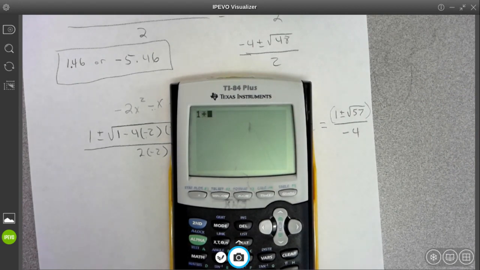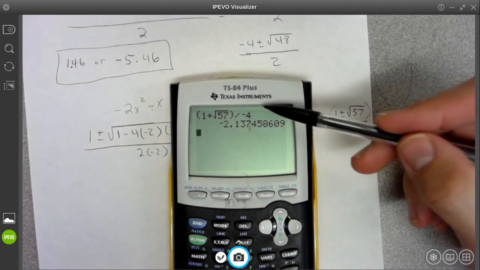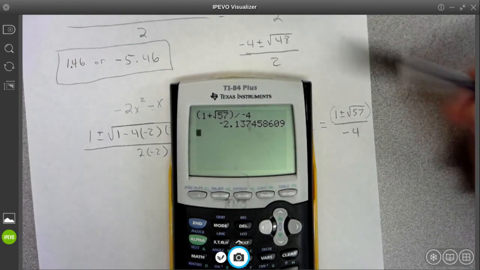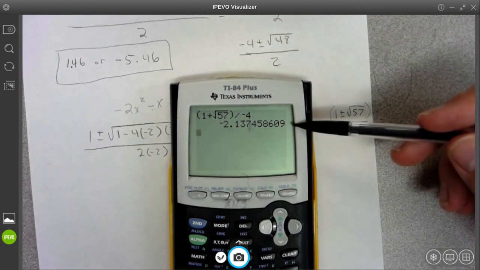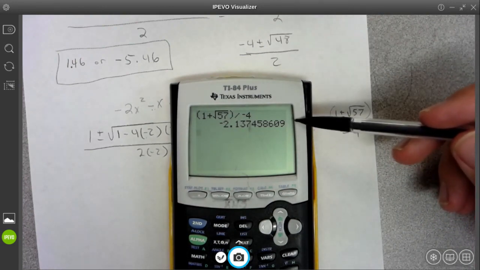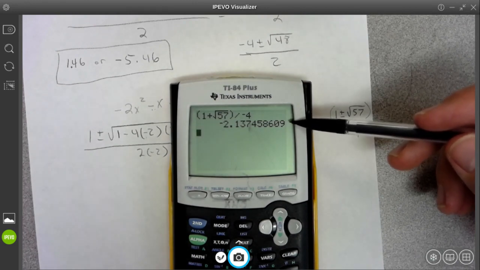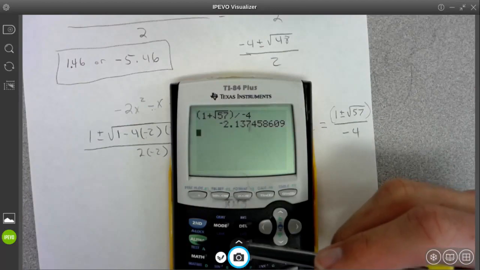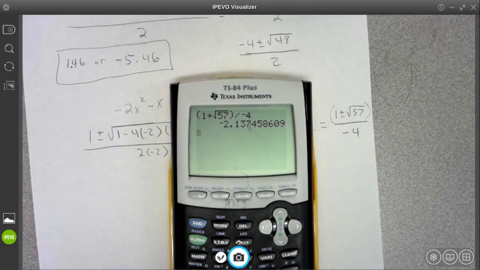So I'm going to do 1 plus parentheses, 1 plus square root of 57, and then close parentheses, divided by -4. This is going to be handy later. Right now this is a real number. Later we're going to get to some that have complex solutions or imaginary numbers, and for some reason you can't use the alpha y equals on the calculator.